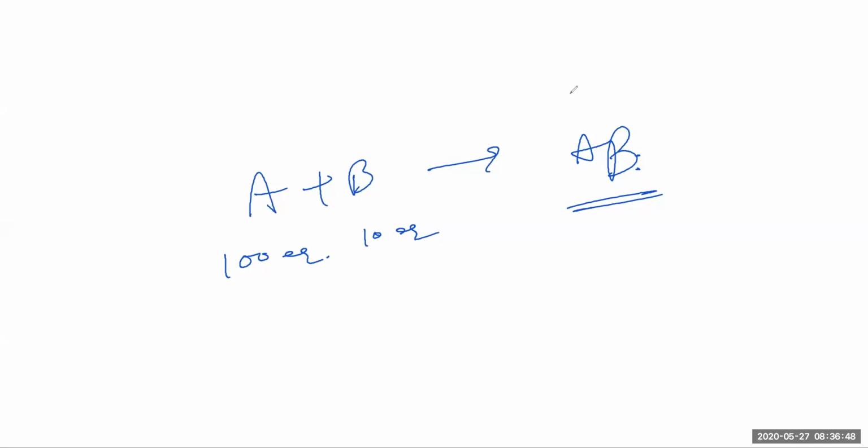So 10 means, in this AB, which is the limiting reagent? Come on, tell me, what is the limiting reagent? Yeah, B, very good. So it is completely consumed.